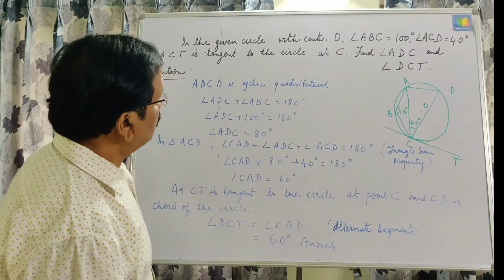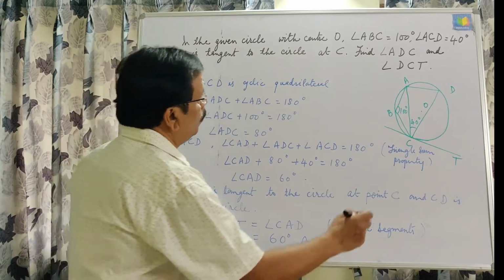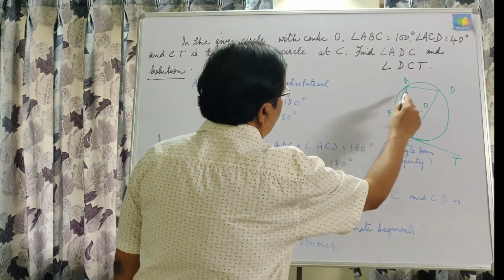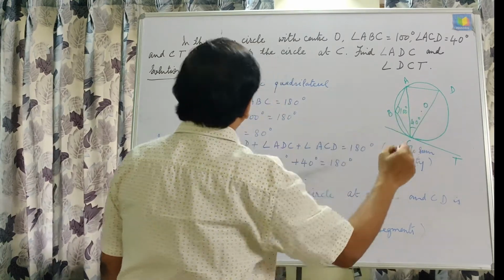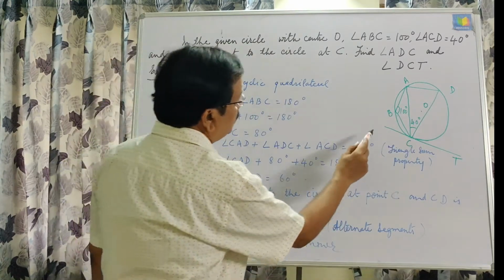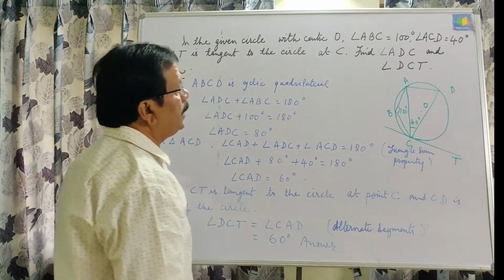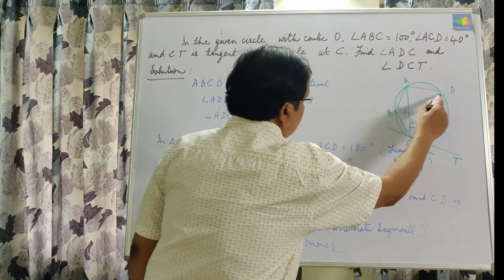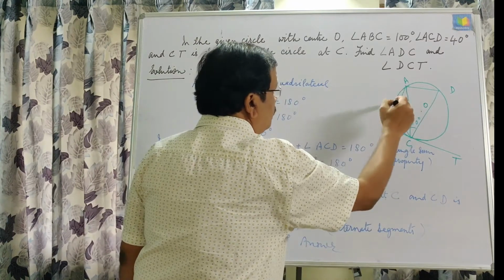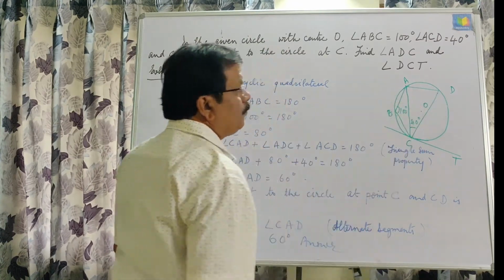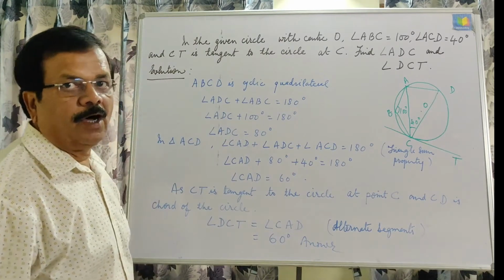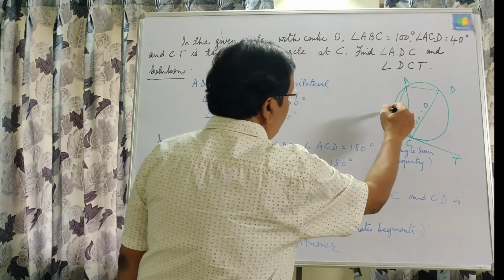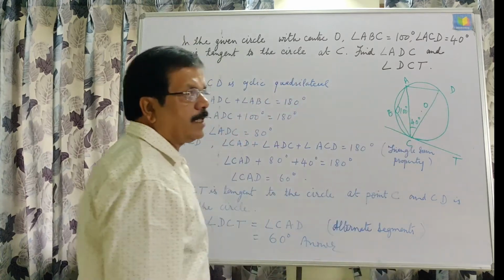In the given figure, with center O, angle ABC is 100 degrees and angle ACD is 40 degrees, and CT is a tangent to the circle at C. Find angle ADC. Actually, ABCD has 4 vertices on the circumference of the circle, and that is why ABCD is a cyclic quadrilateral.